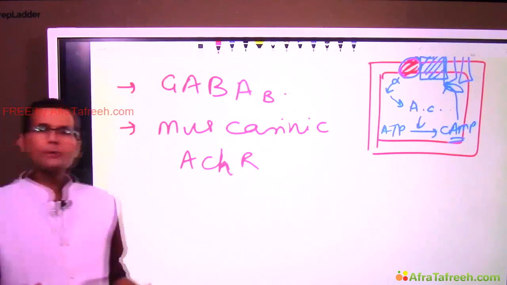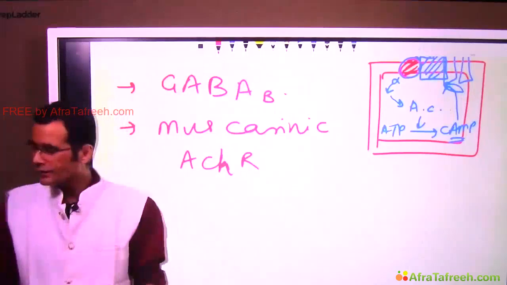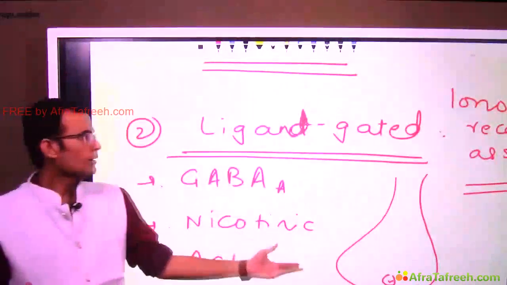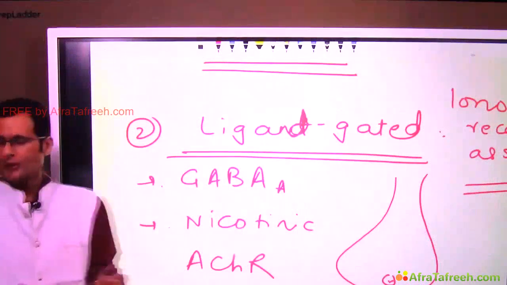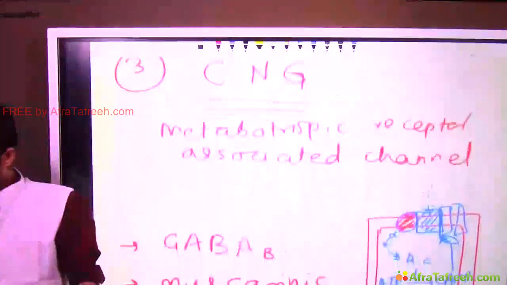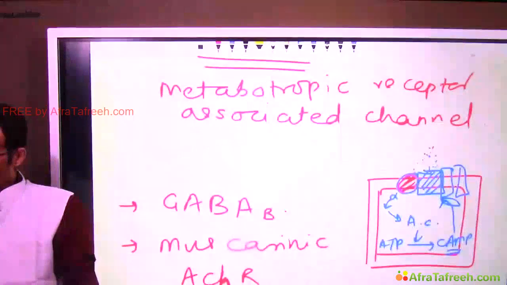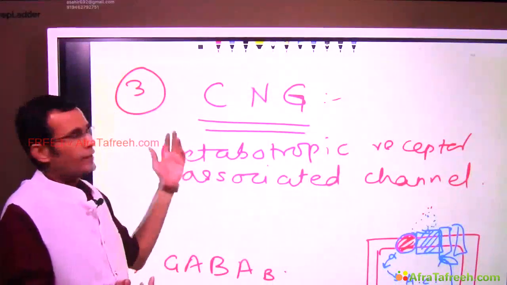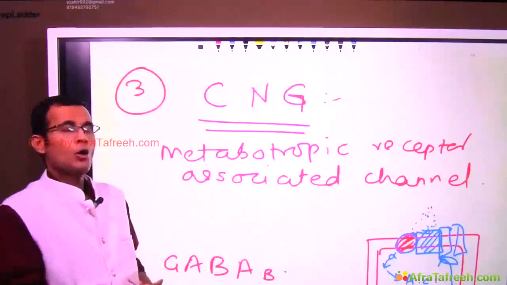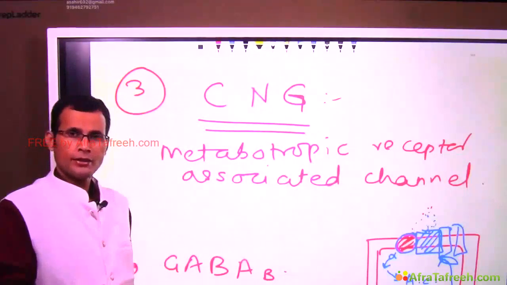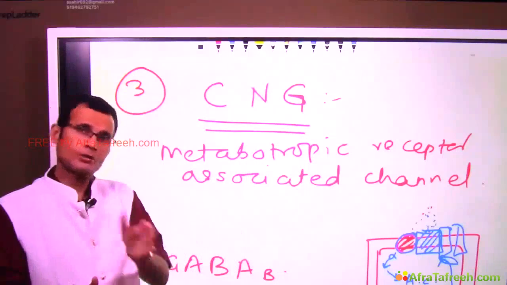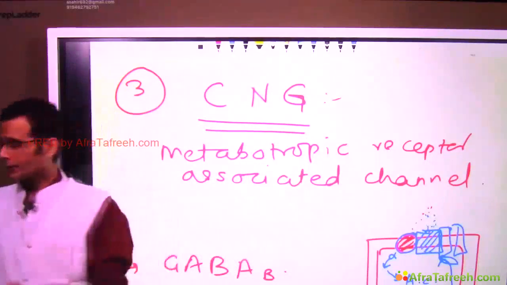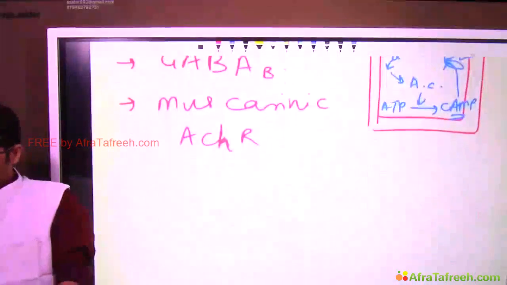So please remember, nicotinic acetylcholine receptor is the ligand gated channel or ionotropic receptor associated channel, whereas the muscarinic receptor of acetylcholine and the associated channel is called a cyclic nucleotide gated channel, or GPCR associated channel. It can be called G protein coupled receptor associated channel, or metabotropic receptor associated channel.